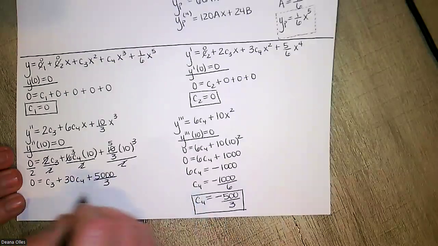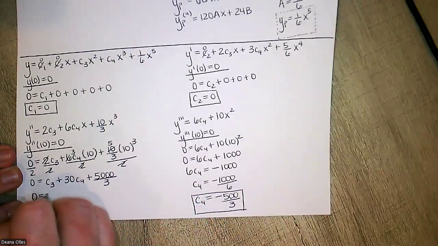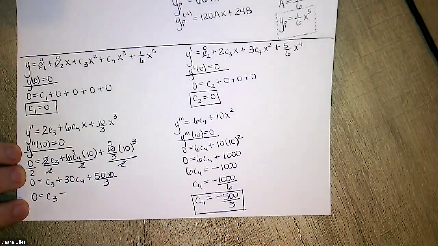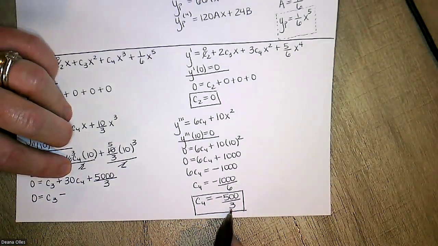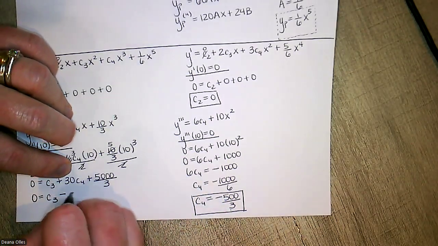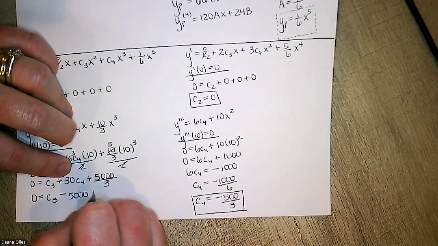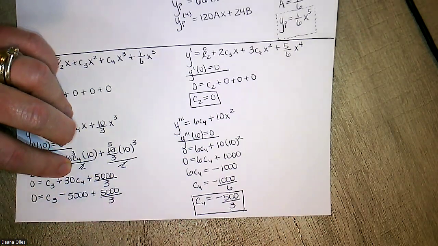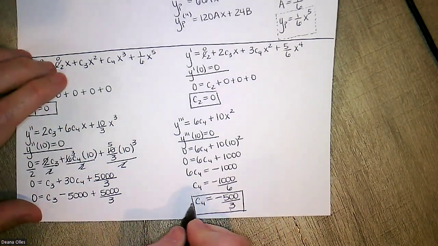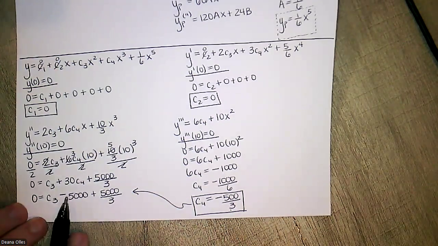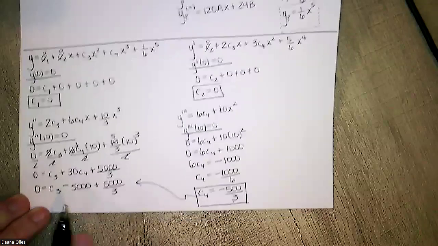We can put that back in up over here. 0 equals C3 minus 30 over 3 is 10 times 500 is 5,000 plus 5,000 over 3. So you've got negative 3 over 3 plus 1 over 3, so that's negative 2 over 3 of them.